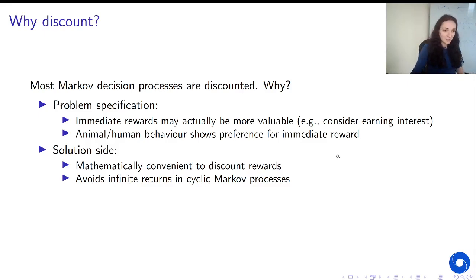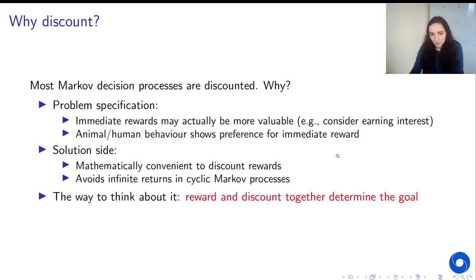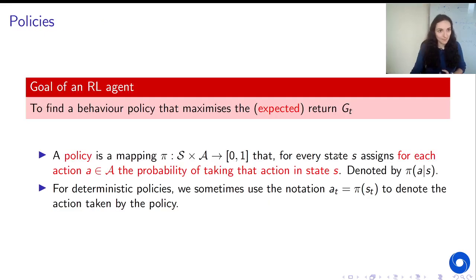So maximizing over it might be problematic. So the way to think about it right now is that the reward and the discount factor together will determine the goal of the agent and the goal of the MDP.